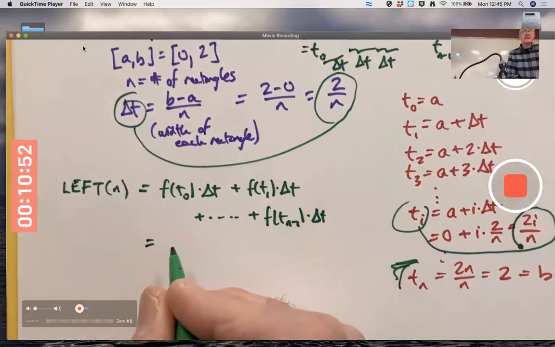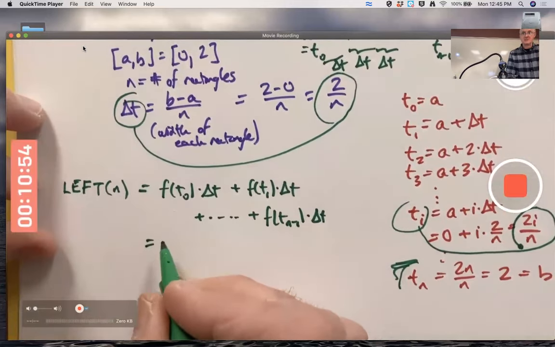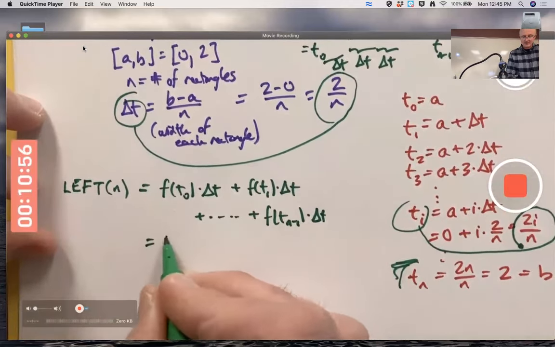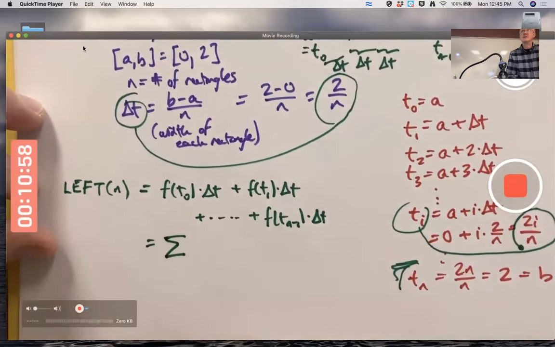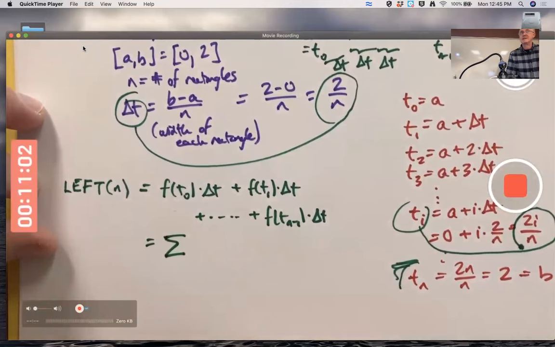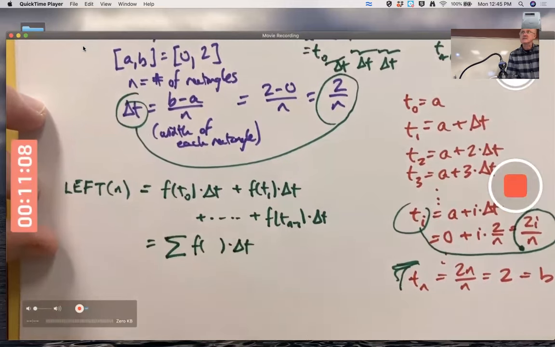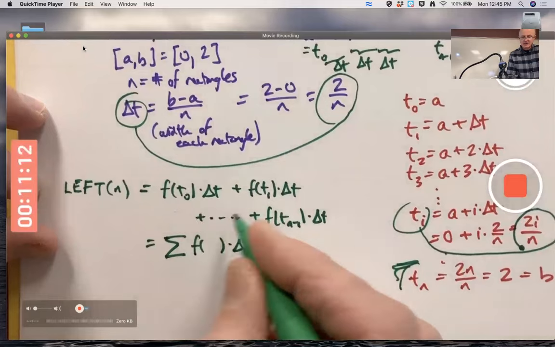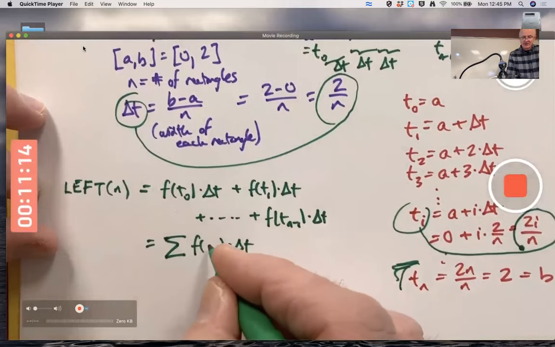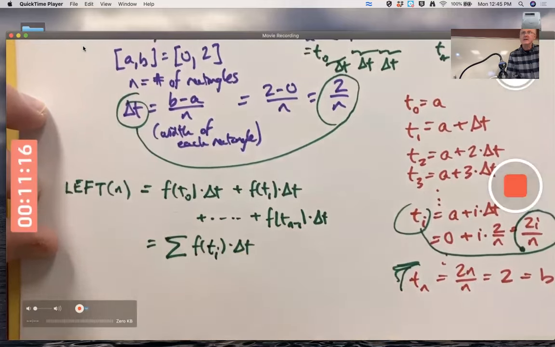I want you to start to get comfortable with summation symbols. You can write a capital sigma to denote the summation, and this is going to be worth doing for Mathematica's sake. We've got a bunch of values of f times a bunch of delta t's. The general value of t that I plug in, I'm calling t sub i.